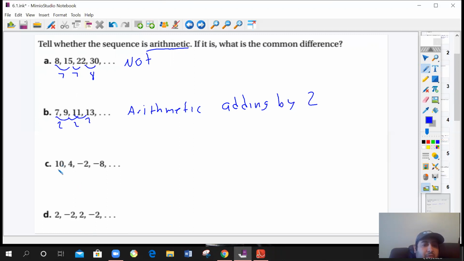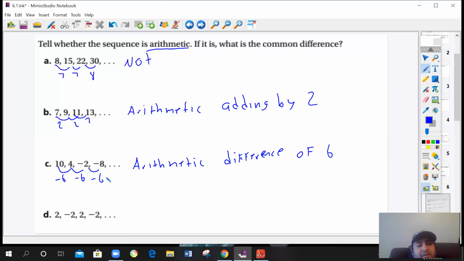Let's see, from here to here, they subtracted 6, 6, and from here they subtracted 6. So this is also arithmetic. You could put a difference of 6, a difference of -6.